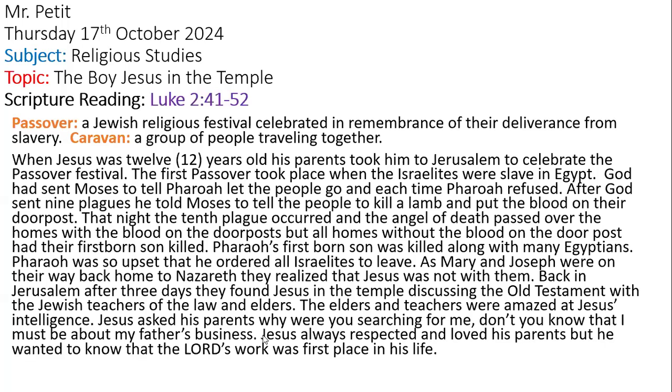The Jewish religious festival celebrated in remembrance of their deliverance from slavery. Very good. It was a festival celebrated because the angel of death passed over the houses that had the blood over their doorposts.